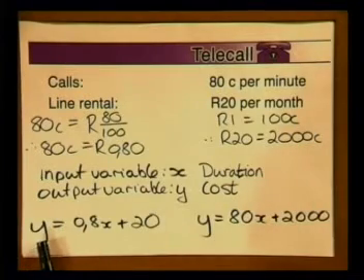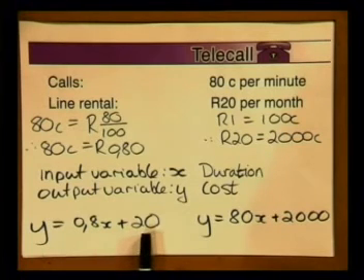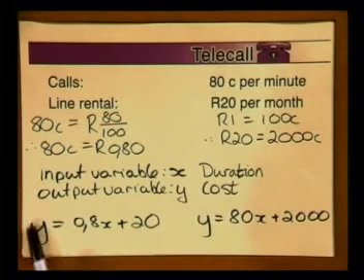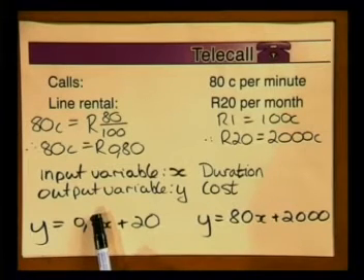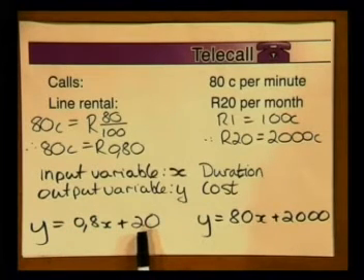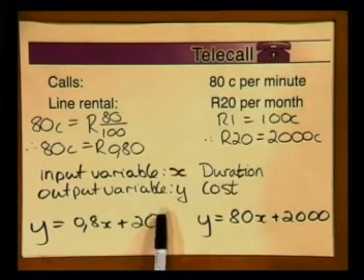We know that the formula is given by y equal to 0,8x plus 20. In this formula, 0,8 is the cost per minute of calls, and 20 is the fixed cost of renting the telephone line from Telecor.